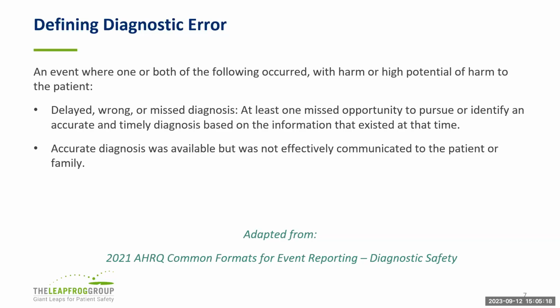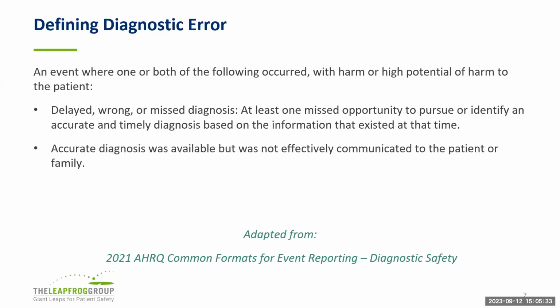The diagnosis is delayed or wrong or missed altogether. There is at least one missed opportunity to pursue or identify an accurate and timely diagnosis based on the information that existed at the time.